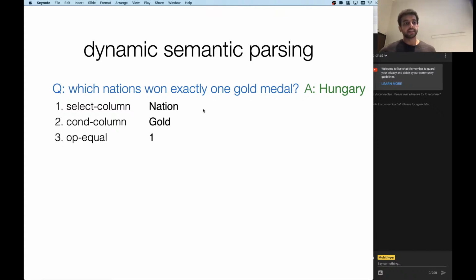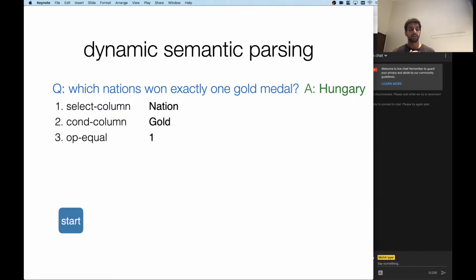So in this question, and given the table from the previous slide, the logical form that we want to produce looks like select nation where gold equals 1. That's our goal.